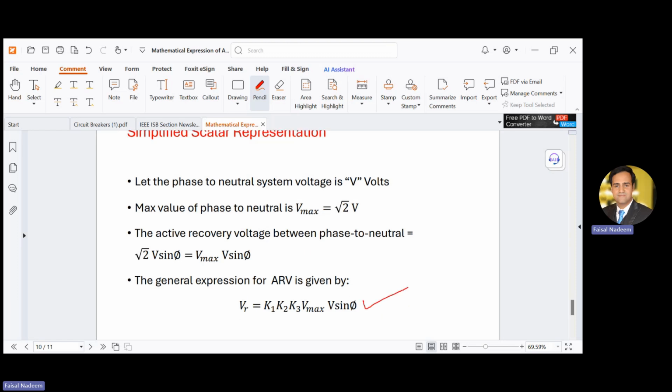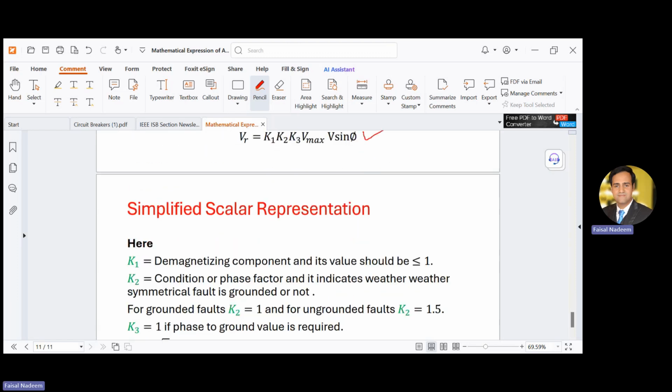So what are K1, K2, and K3? K1 is basically the demagnetizing component, and its value should be less than or equal to 1. So what is this demagnetizing component? The demagnetizing factor is not typically included in the mathematical expression of active recovery voltage for conventional high voltage circuit breaker transient recovery voltage modeling.